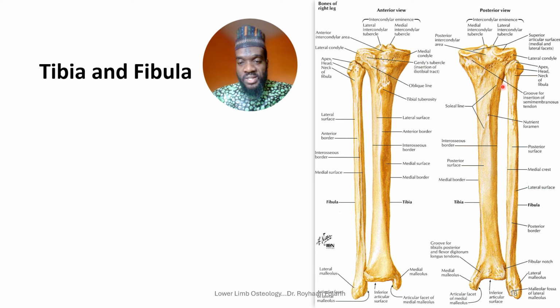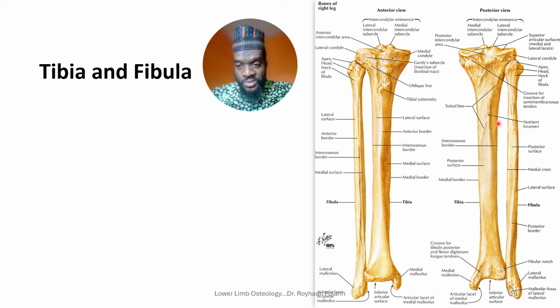And here is the soleal line, for the attachment of the soleus muscle. This is on the posterior. We had the linea aspera in the femur. In the tibia, you have the soleal line, and then you have the nutrient foramen again, allowing for passage of blood vessels through the bone.